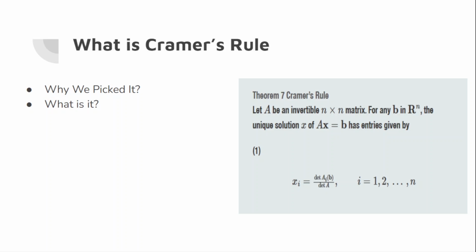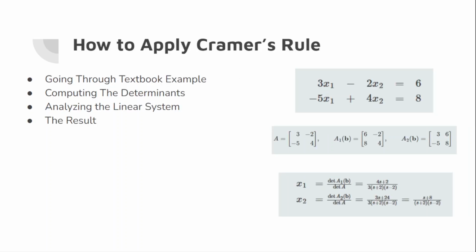And in simple terms, Cramer's rule is simply a different way to solve linear systems, but using determinants to solve it. The matrix must be invertible in order to use Cramer's rule. So the first step of Cramer's rule involves determinant A not being 0, which, if true, leads to x_i for each variable in x_i equals determinant A_i(b) over determinant A, with i being 1, 2, and it keeps going, with n being any number.